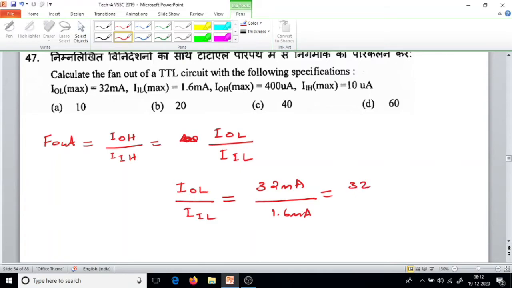We'll multiply by 10: 320 divided by 16, which is 20. We will get a fan out of 20. So the answer is option B. IOL, the maximum current, we will get when current sinking is happening. Okay, we'll go to the next question.